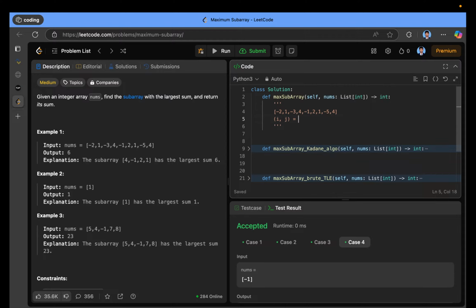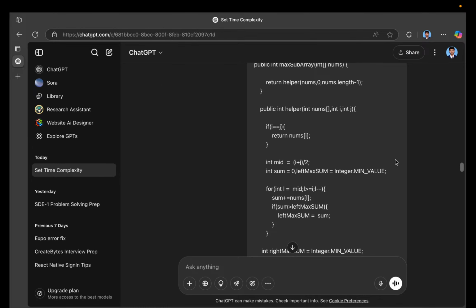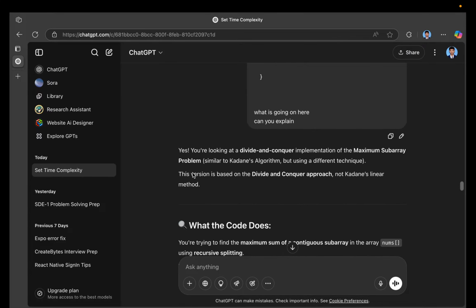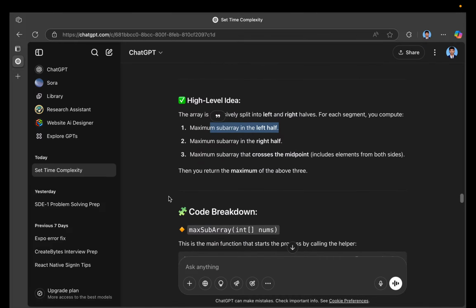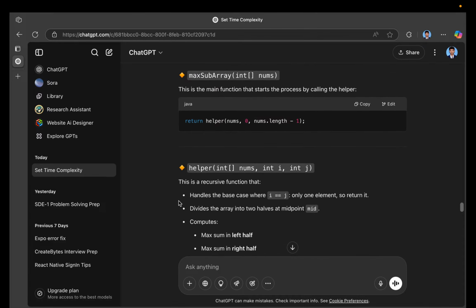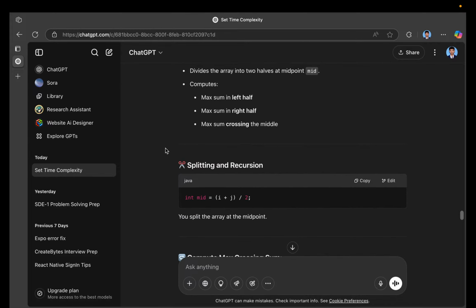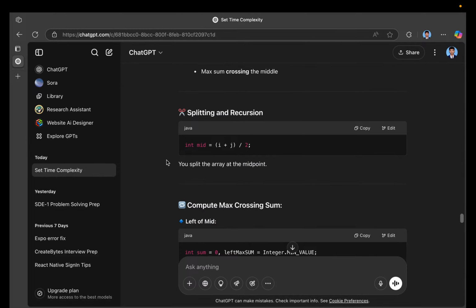In the starting, i should be 0 and j is the length minus 1. Counting 1 2 3 4 5 6 7 8 9, the length is 9. So 9 minus 1 is 8. Now this is in the helper function. Now find the mid.